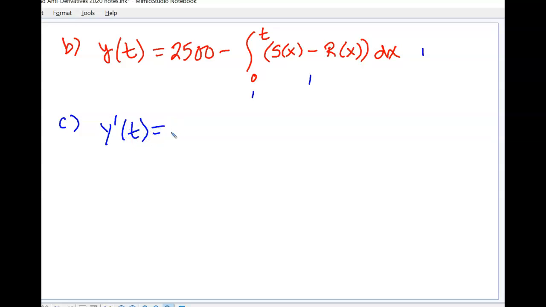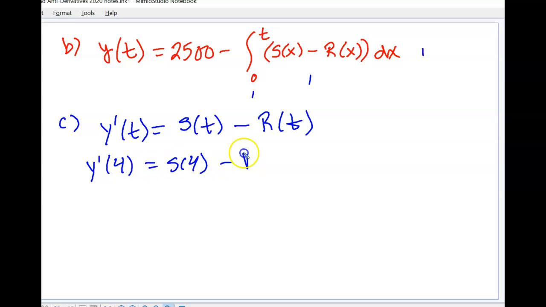And y prime of t is really simply just the sand that's being added to the beach by the pumping station minus the sand being removed by the tide. So y prime of 4 is going to equal s of 4 minus r of 4. If we figure this out using our calculator, this works out to be negative 1.909 cubic yards per hour of sand.